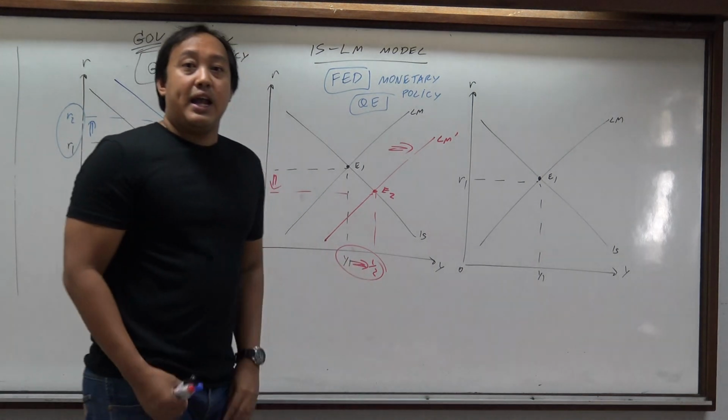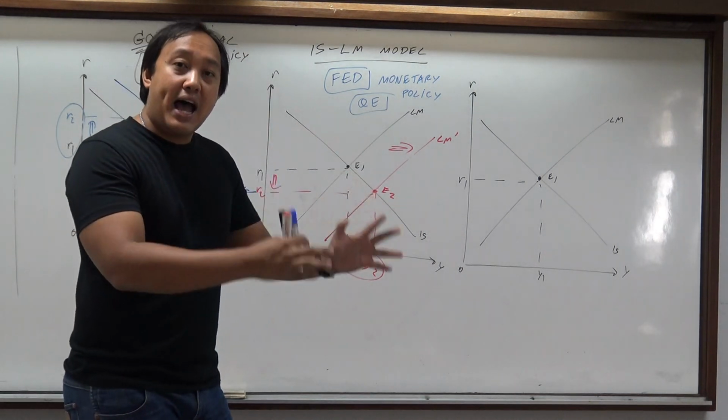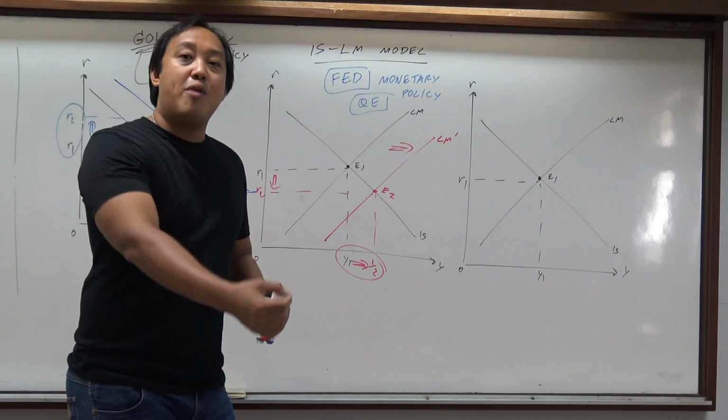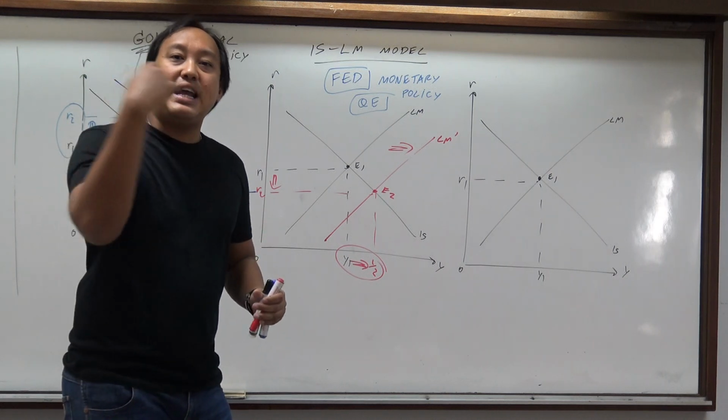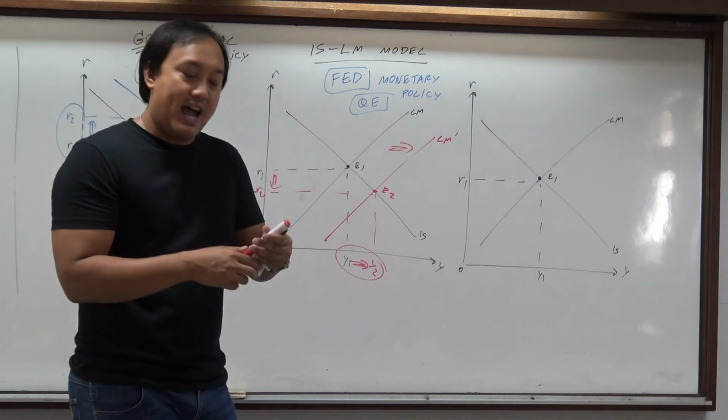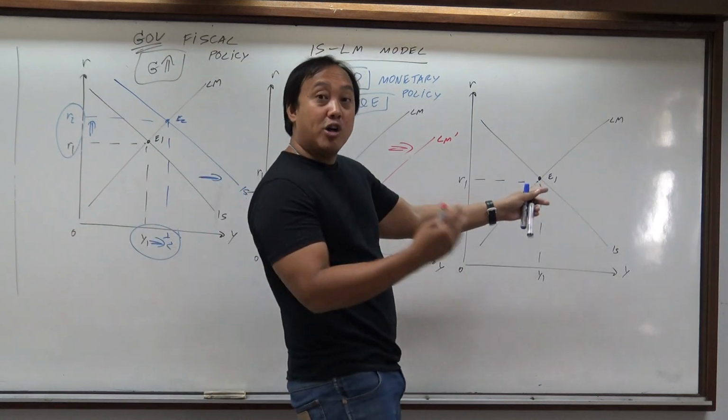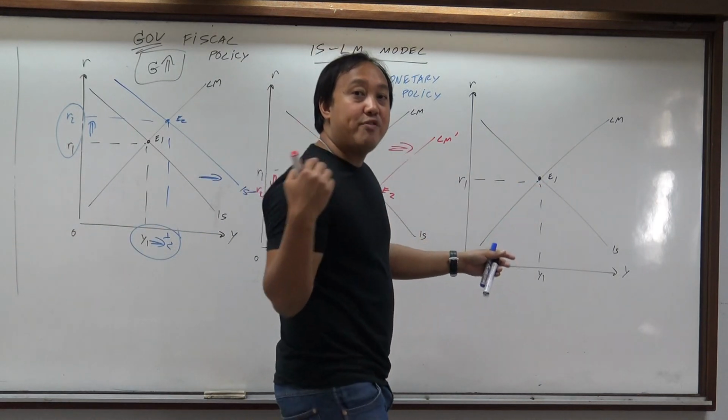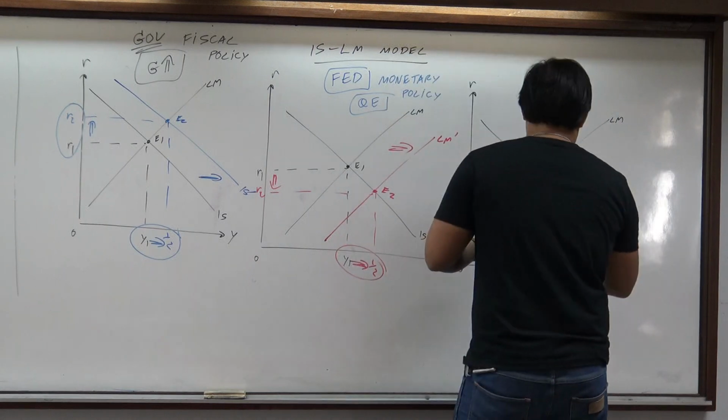Okay. If two of them are done at the same time, if the government spends more at the same time as the central bank injects more money into the economy, just like right now, it means that both the IS curve and the LM curve are going to shift to the right together.